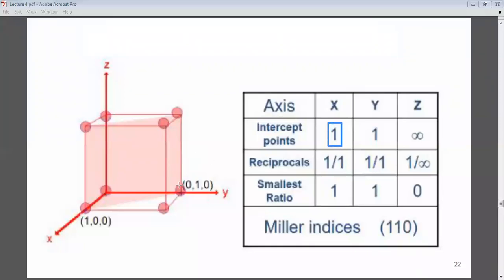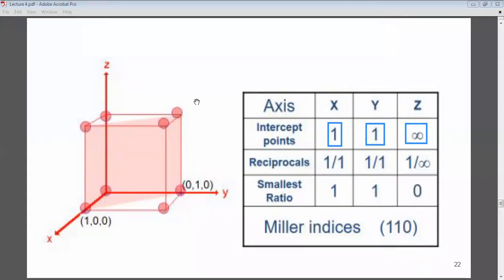It hits the y-axis at point 1, y equals 1. It does not hit the z-axis, so it's infinity. And now I take the reciprocals, 1 over 1, 1 over 1, 1 over infinity. And the smallest ratio is 1, 1, 0. So the Miller indices of this crystal plane is 1, 1, 0.